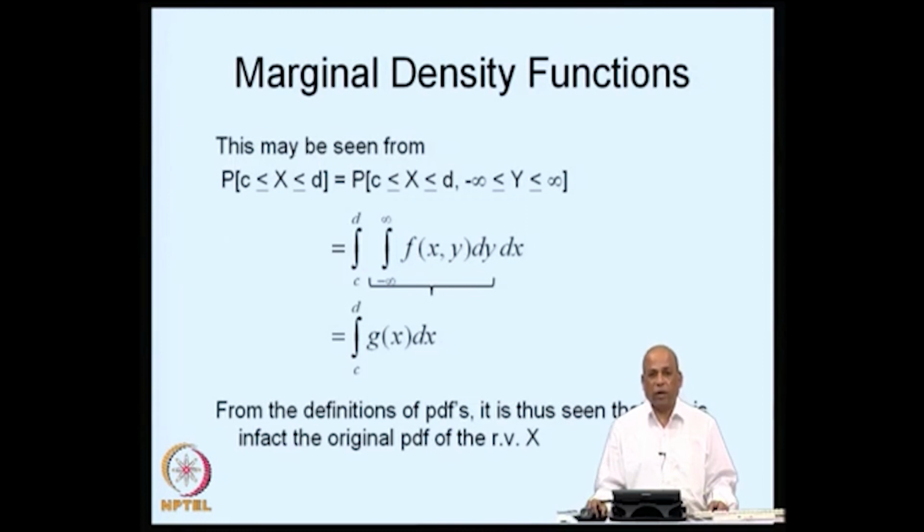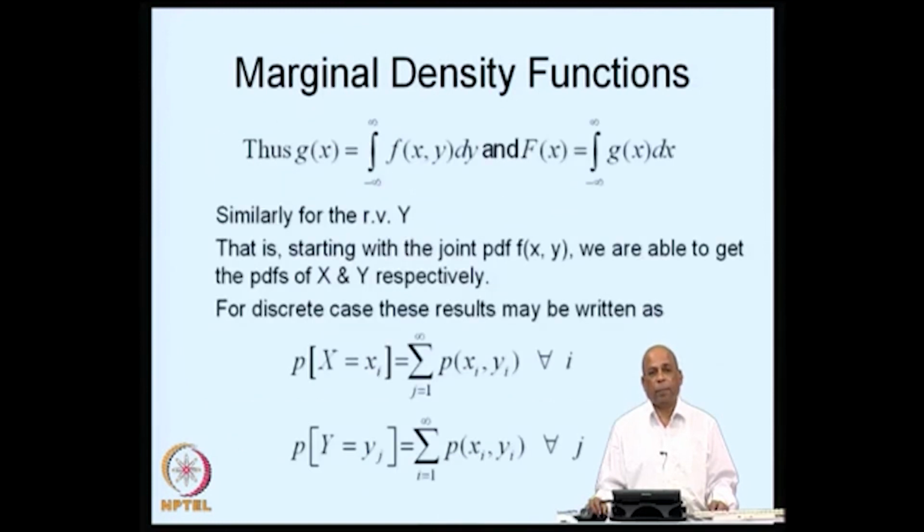We would have simply integrated f of x in the range c to d with respect to x. So, it is obvious that the marginal densities obtained from the joint densities are in fact the original probability density functions of the two random variables x and y.